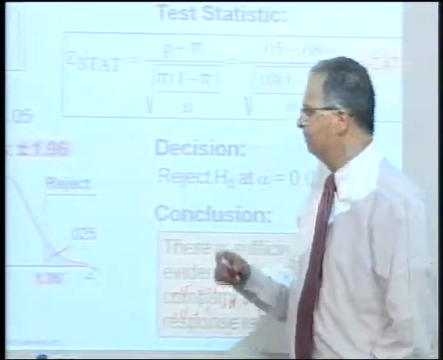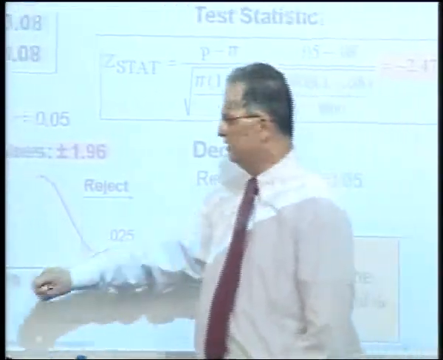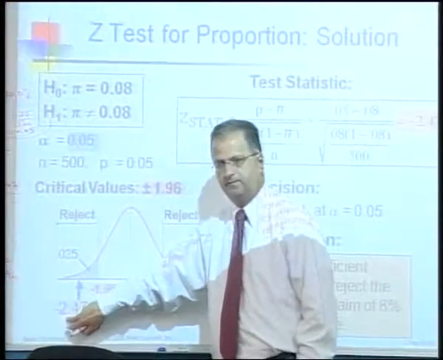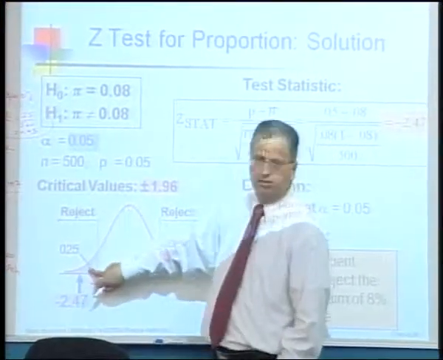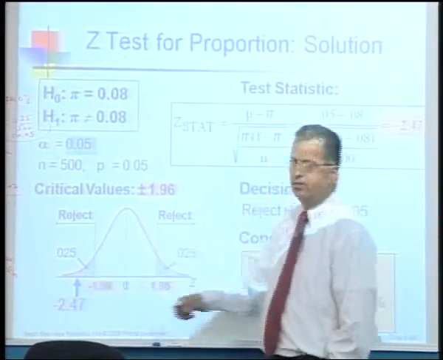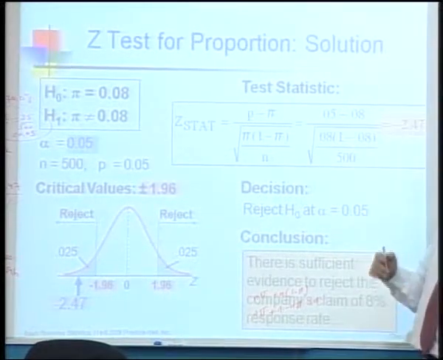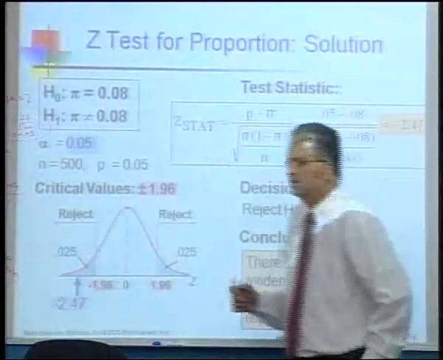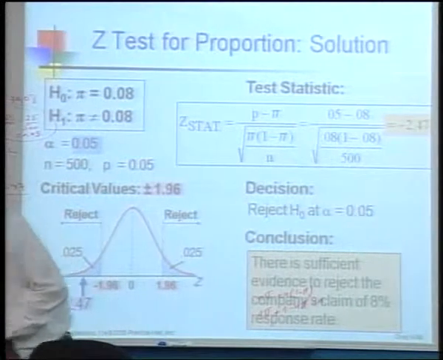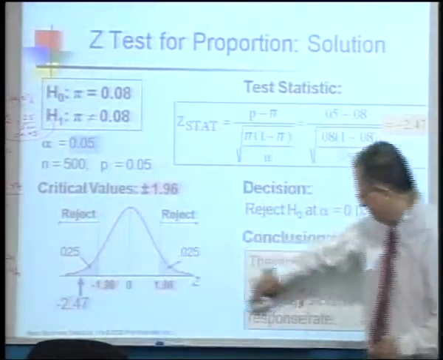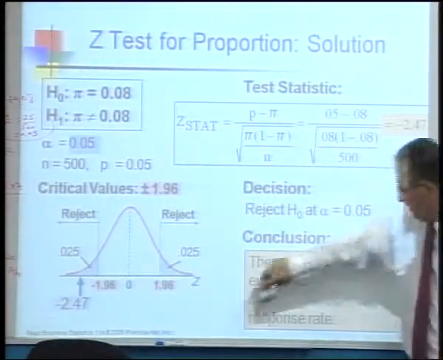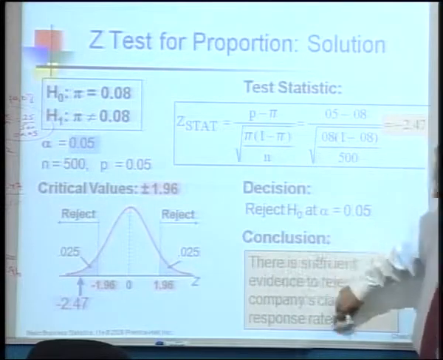So again, your Z statistic, negative 2.47, falls in the rejection region. So my decision is we reject the null hypothesis. That means there is sufficient evidence to reject the company claim of 8% response rate.